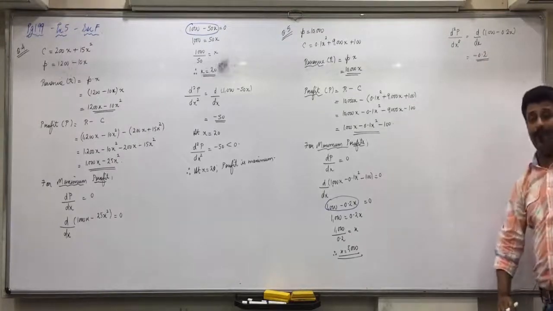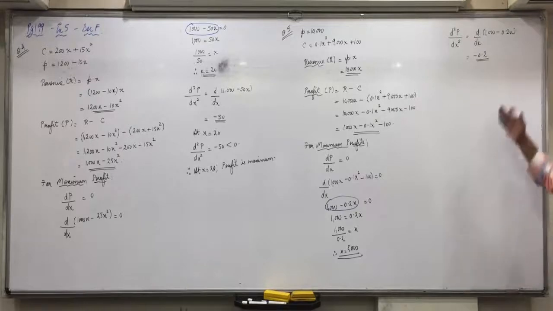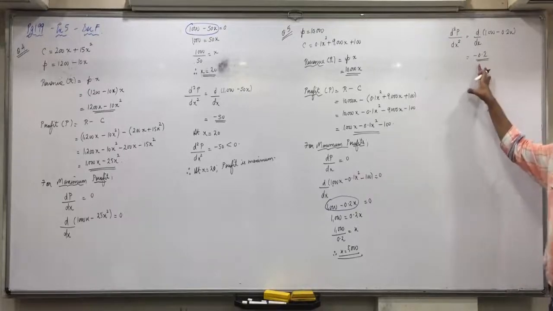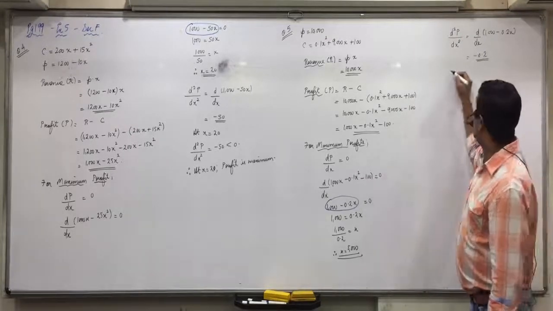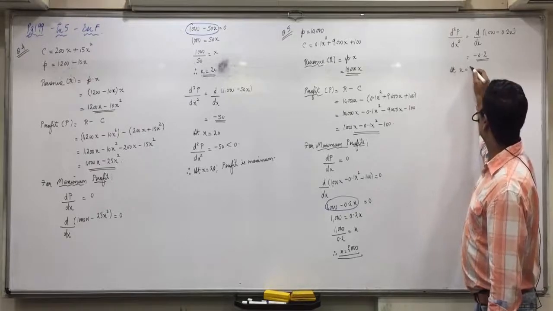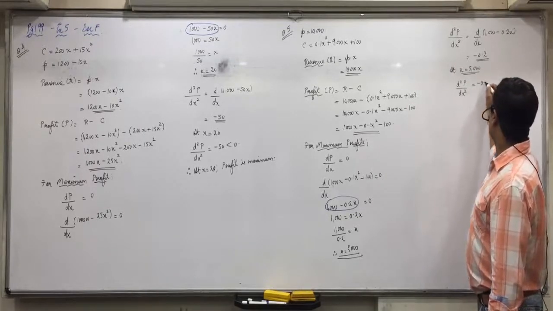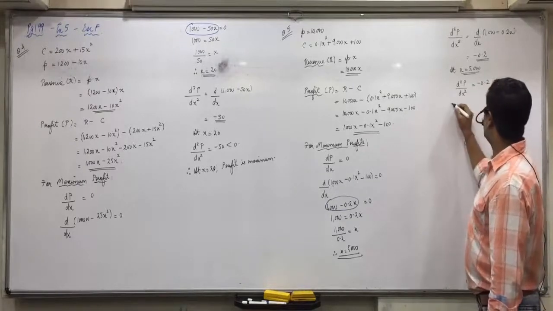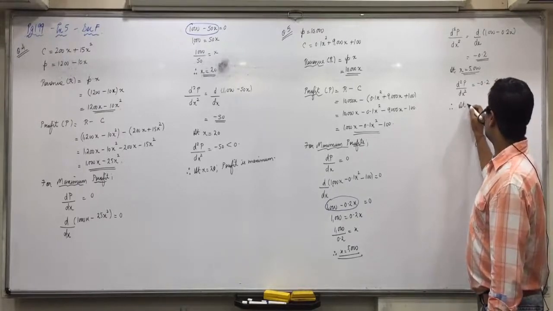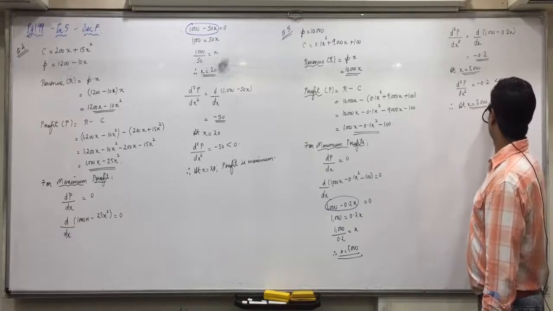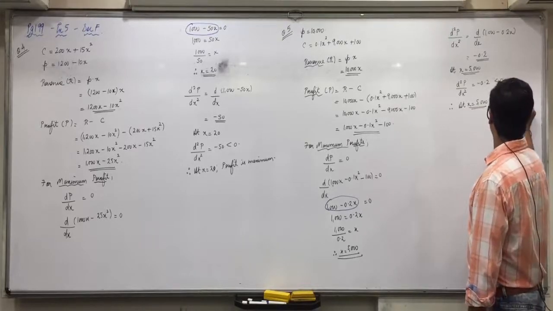See, automatically it is negative. Means at any value of x this is going to remain the same. So even at x equals 5000, d square P upon dx square is minus 0.2, which is less than 0. Therefore at x equals 5000, profit is maximum.